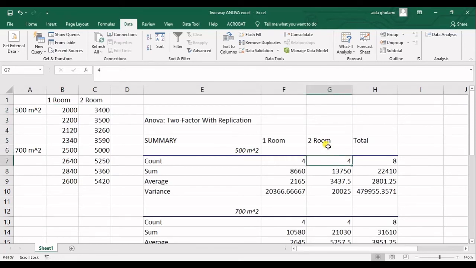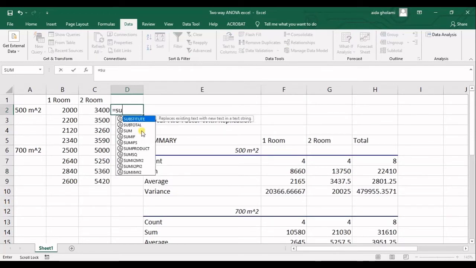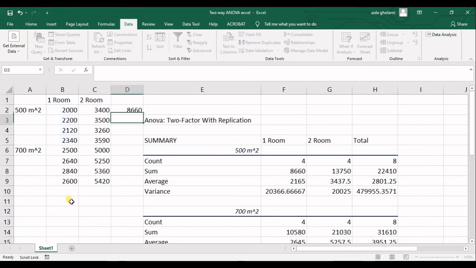Of course, for 2 room, you again have 4, and then the total is 8. The sum is the normal sum. So you have the sum of this data, which is this one, and then you have the sum for this data, which is in here, and then the total.